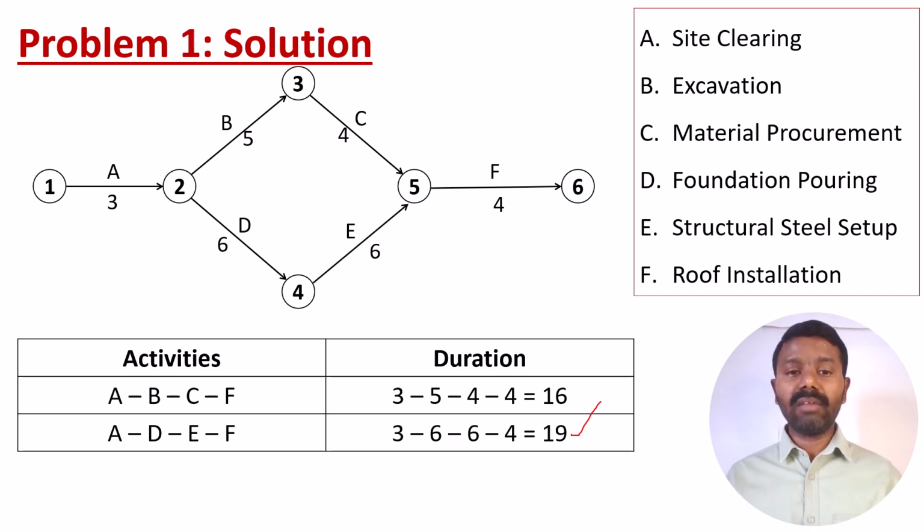So it will take 15 months. Only then can F be started. So even though B and C complete their work very fast, and D and E take more time, that is why we need to consider the maximum time. The maximum time will be available in the critical path. So that is how we need to solve the problems.